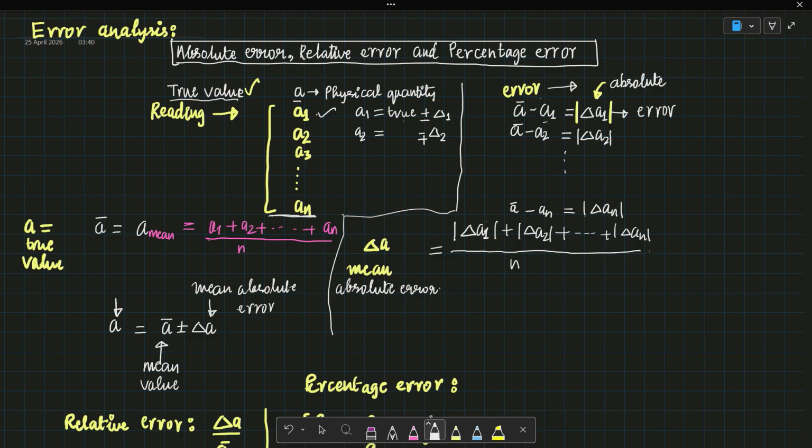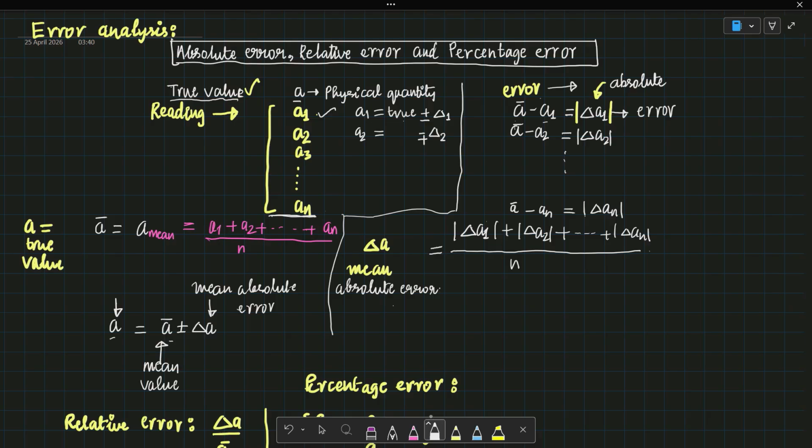So we have found our physical quantity. This is true value plus minus mean absolute error. This is how we represent any physical quantity. We have seen how to calculate this error, this is mean absolute error.